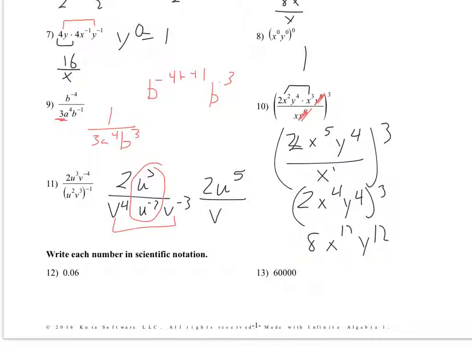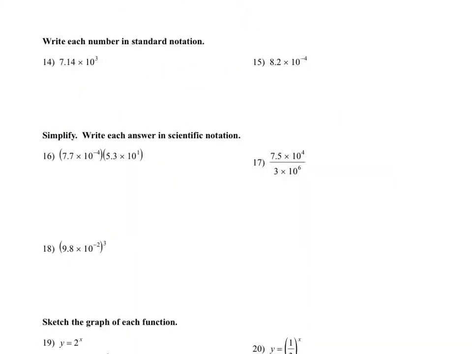All right. Okay, scientific notation real quick. 0.06 is 6 times 10 to the negative 2 power, and 60,000 is 6 times 10 to the 4th power. All right, number 14. It's 7,140. And this one is 0.00082.